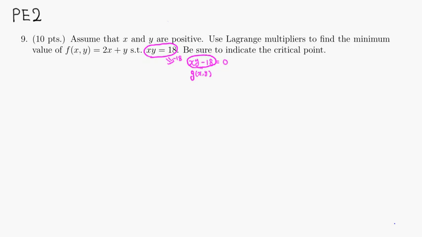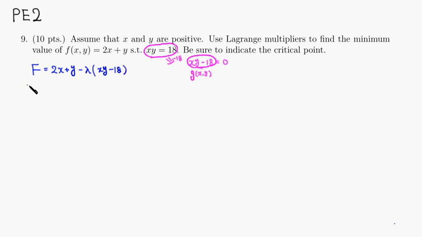Now let's come up with the function capital F, which is little f of x, which is 2x plus y, minus lambda times g, which is xy minus 18.